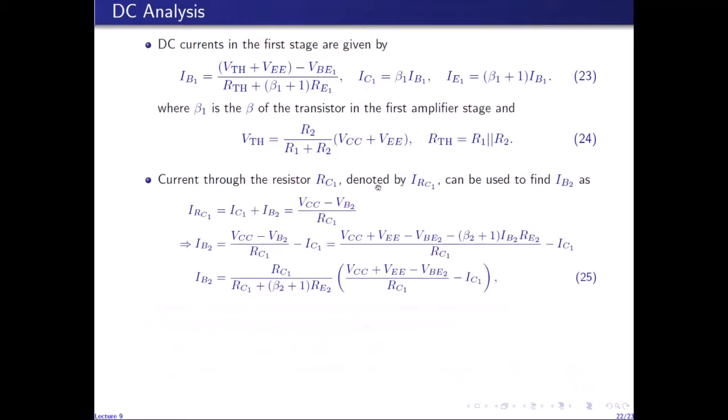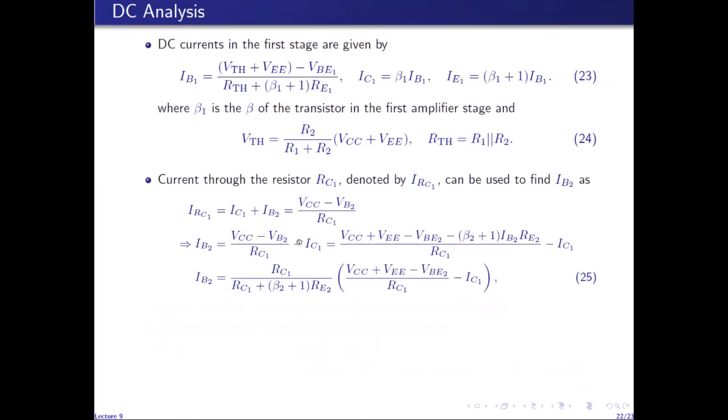So writing IRC1 as this, I can take IC1 to the other side to write IB2 like this, and then I can replace VB2 with the sum of VBE2 plus the voltage drop across RE2, which is given by IE2 times RE2, and IE2 is IB2 times beta 2 plus 1, minus VEE.